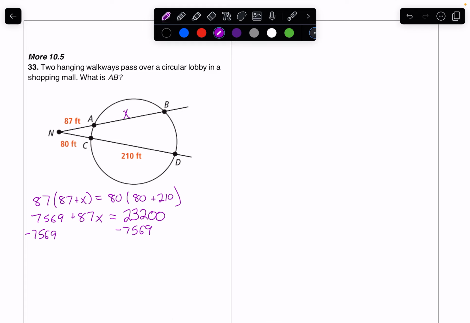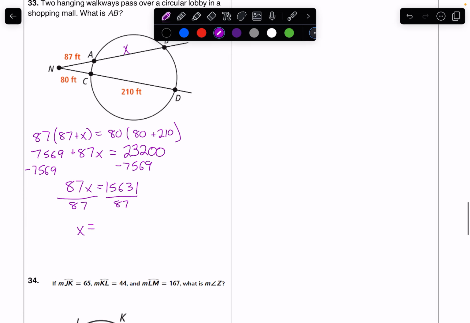And that's going to be 87x equals 15,631. Divide by 87. X will be equal to 179.7. Here we go.